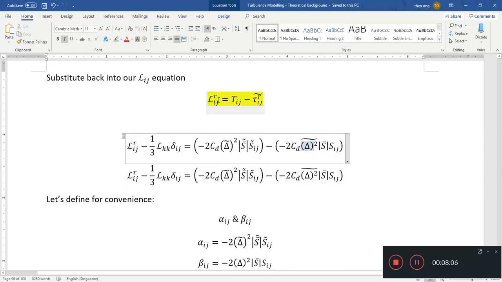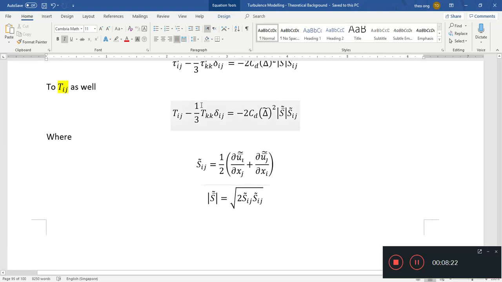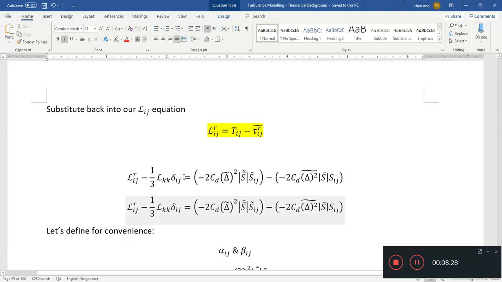Of course, we need to take note that we are modeling the deviatoric part of this big Lij. So remember that we need to subtract this deviatoric part just to make it consistent, because when we model this kinematic viscosity, it is subtracting this deviatoric part. Likewise, the same here and the same here.